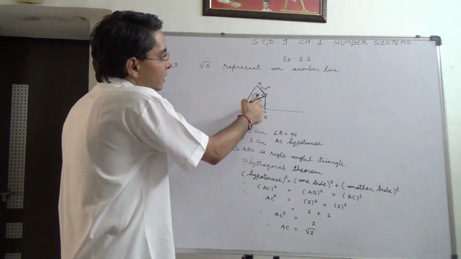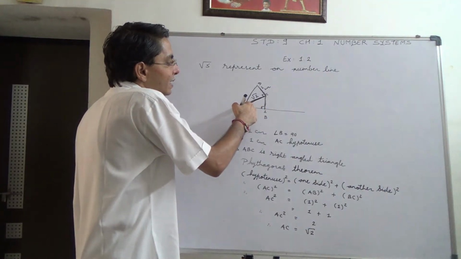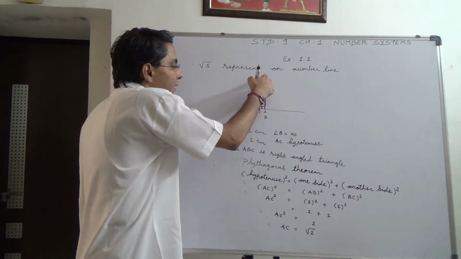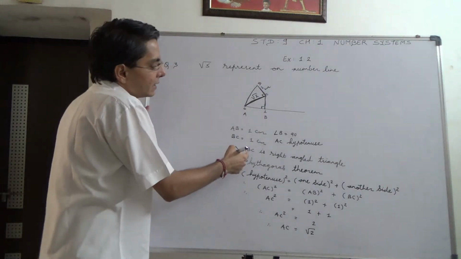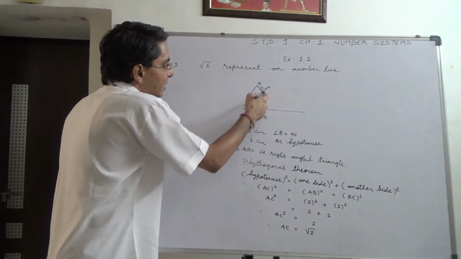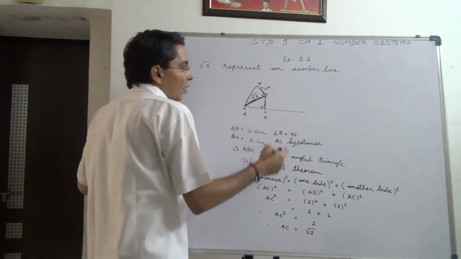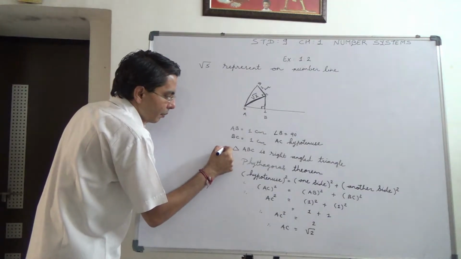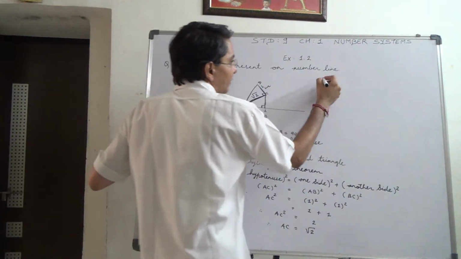Here one triangle is ABC, where angle B is a right angle, and another triangle is ACD.